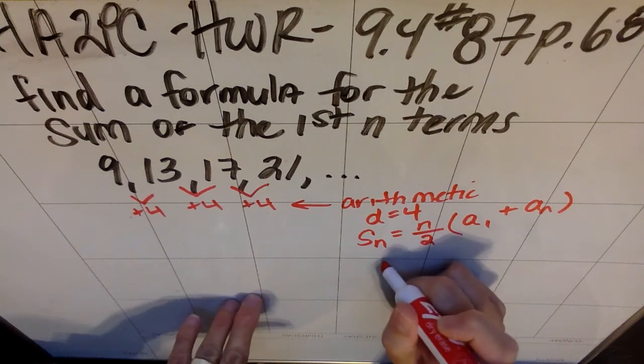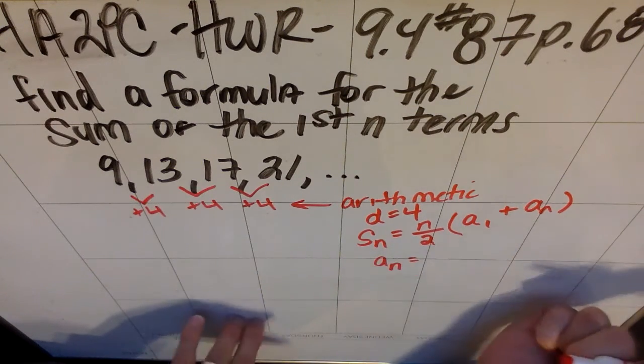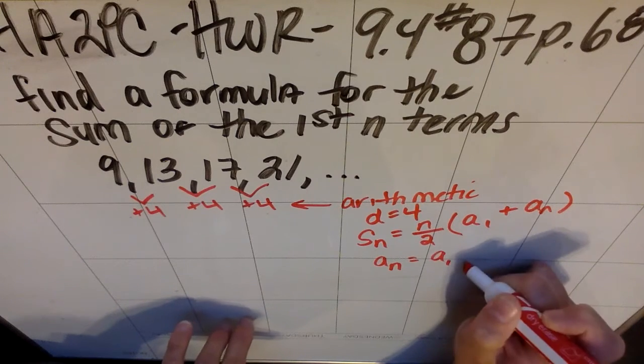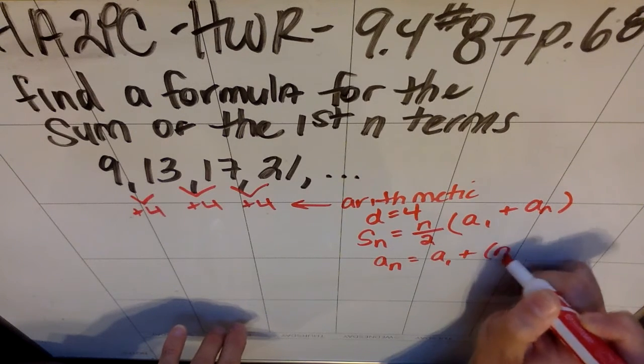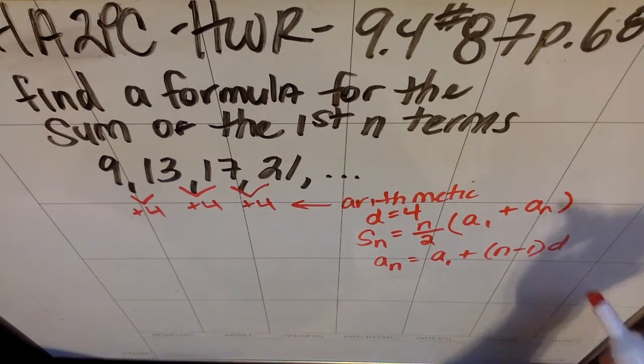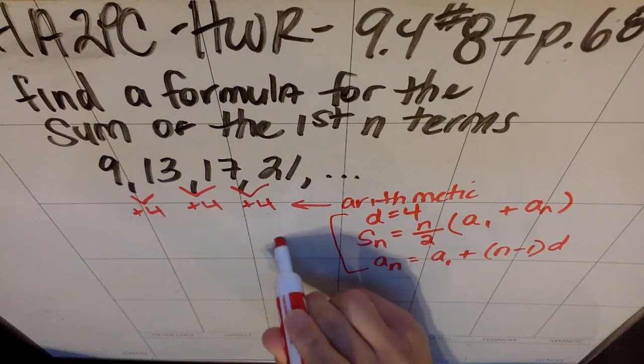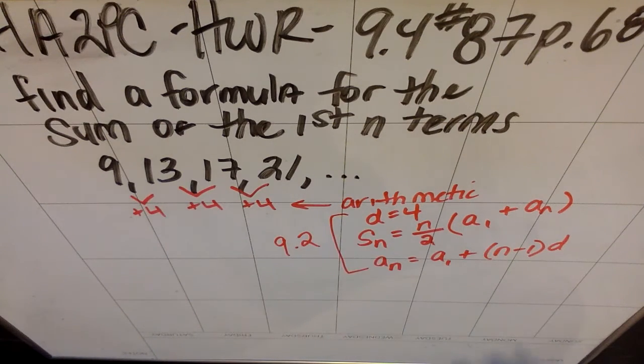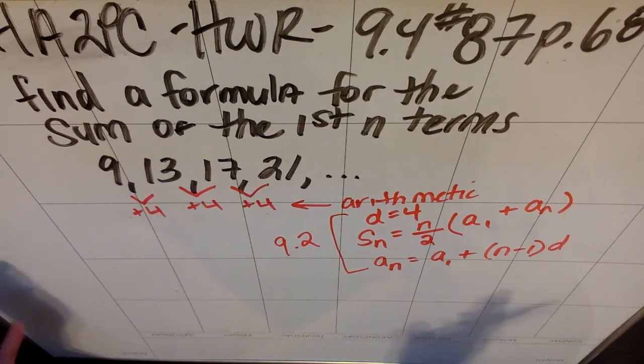The other piece of information you would need is that the nth term of an arithmetic sequence is the first term plus n minus 1 times the common difference. Knowing those formulae from 9.2, you could write this formula without using pattern recognition.